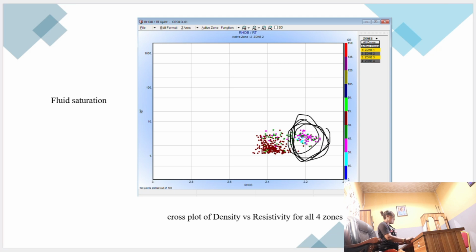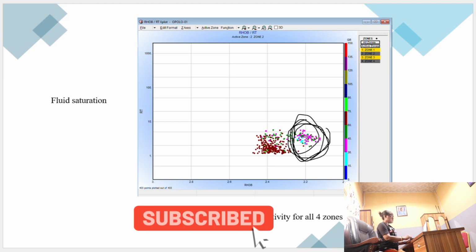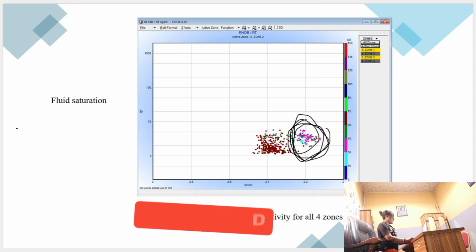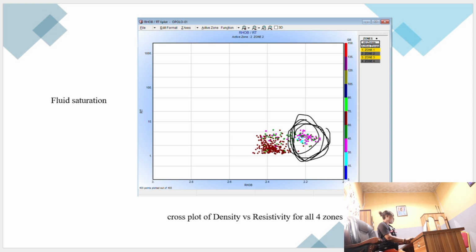So what this means is that density versus resistivity also indicate that this formation could contain gas, because a combination of low bulk density and high resistivity in the formation is a strong indicator of the presence of hydrocarbon, particularly gas.